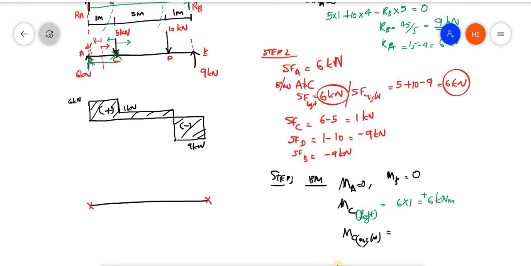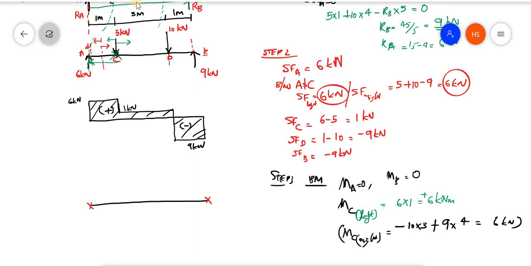The first load is 10 kilonewton, moving downward, that is clockwise, so negative. Therefore minus 10 into the distance, 3. The other load, 9 kilonewton, moves upward, that is anti-clockwise, so 9 into the distance 4. We get 30 minus 36, that is 6 kilonewton meter.